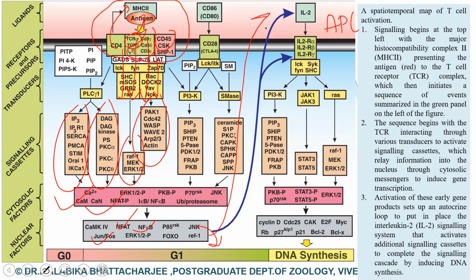These cytokines are liberated and can also bind to the receptor expressed by the same cell. So there is an autocrine loop.